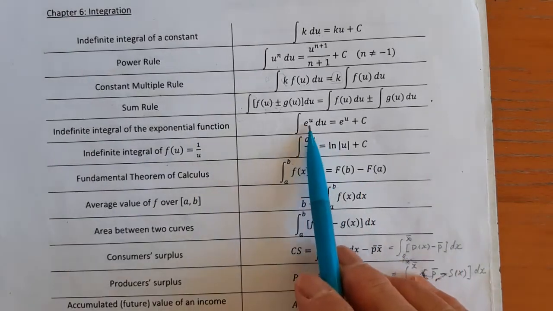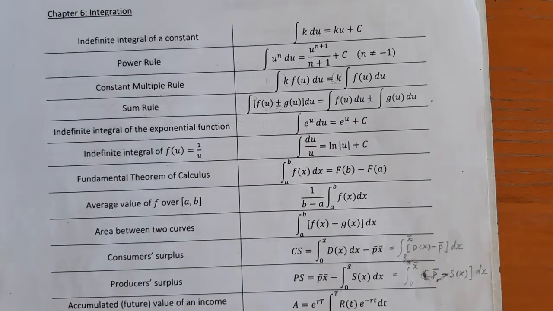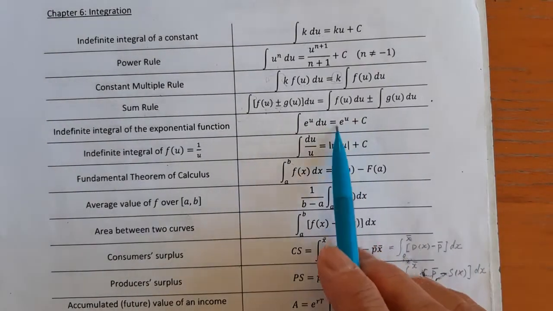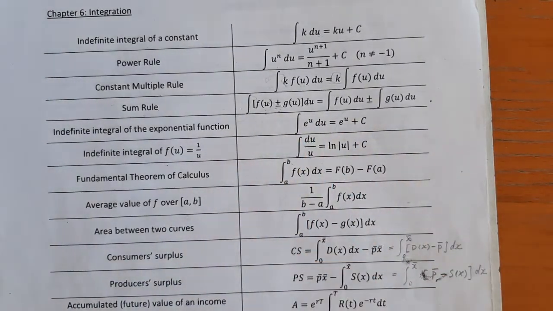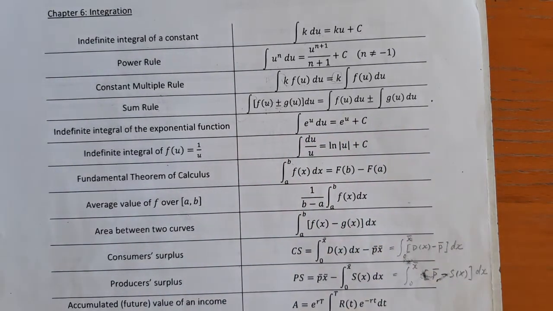And for the e function, the integral is still e to the power u, because the derivative of e to the power u is itself. So the integral of e to the power u is still e to the power u.